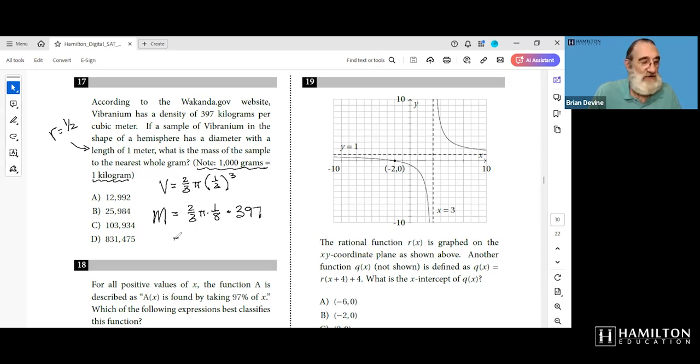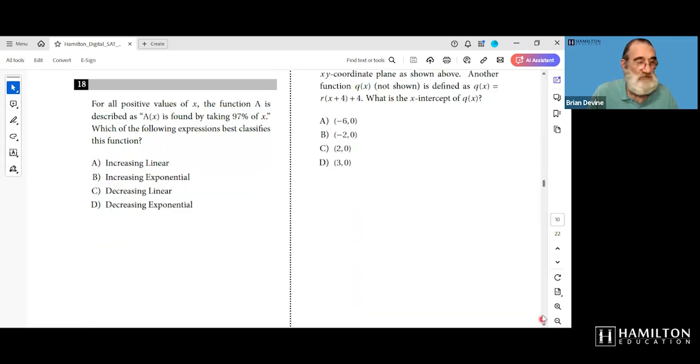And when we do that, we'll get the number 103.934, and it will be in kilograms. And so C is the correct answer.